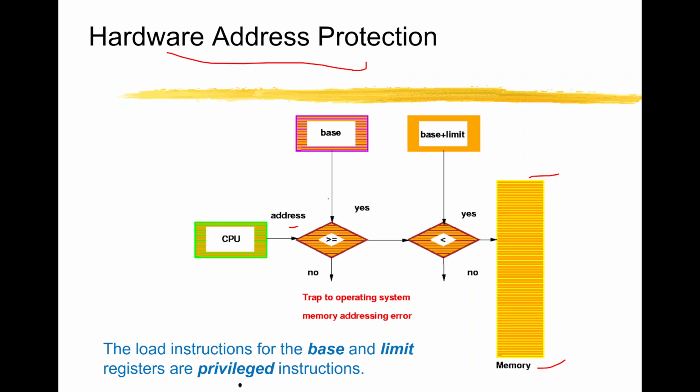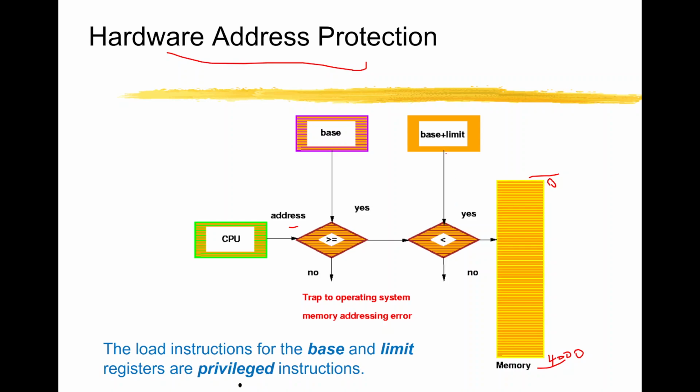Say, for example, we have something like 4,000. You check if it's between 0 and 4,000, and if so, it says okay, the base is right, that range exists.